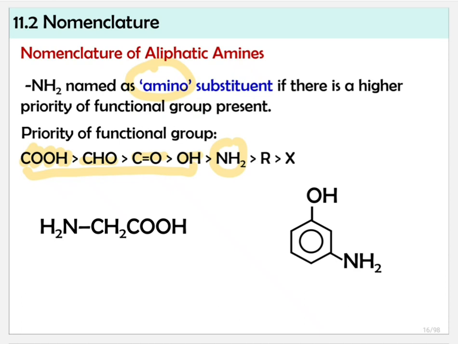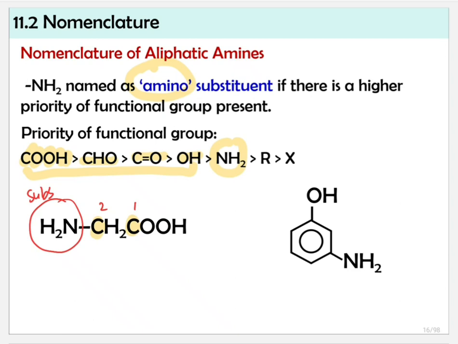Okay. So contoh yang pertama, okay, awak ada COOH dan you have NH2. So COOH lagi tinggi functional group, therefore ini akan jadi parent. Okay. So this is number 1 and this is number 2. Okay, ini dah jadi substituent. So at carbon number 1 mesti bagi untuk COOH.